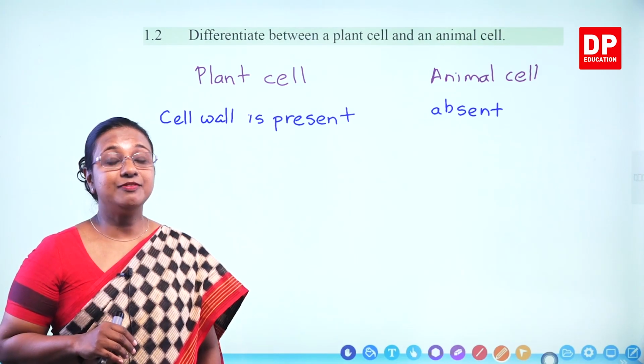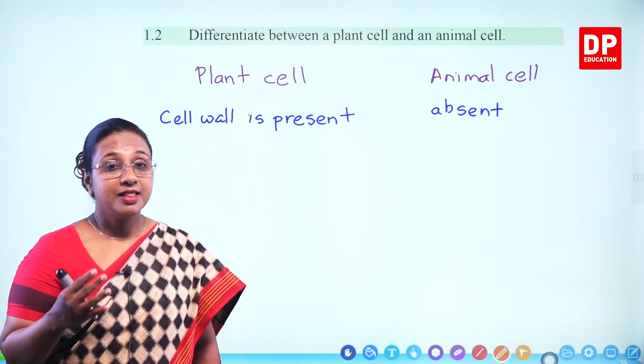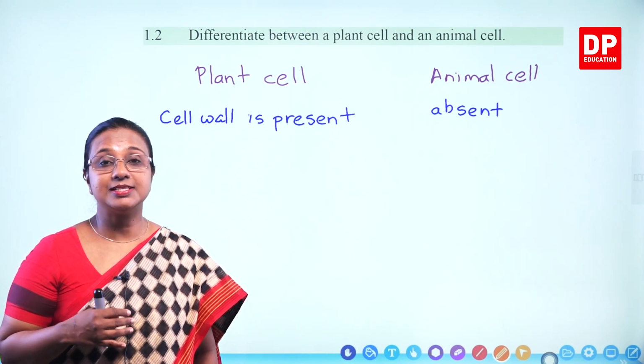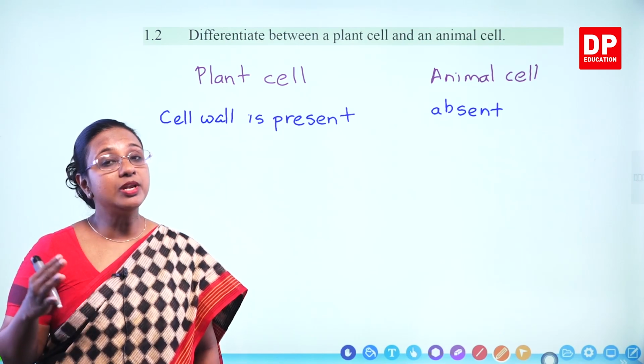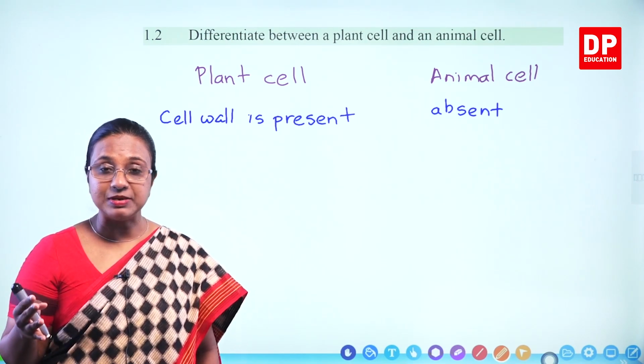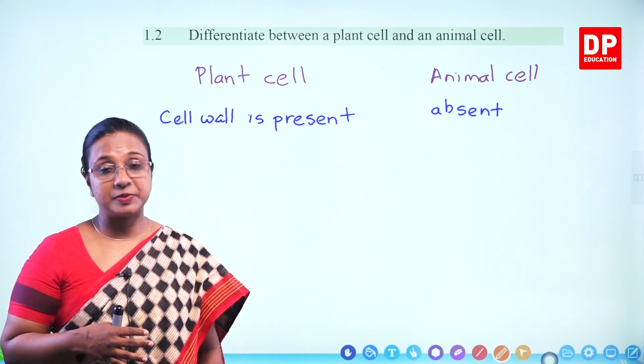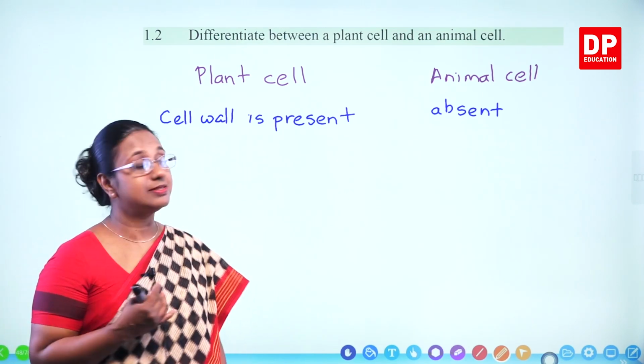What is the second difference? There is a large central vacuole in the plant cell and there is no large central vacuole in the animal cell, but there can be small vacuoles present in an animal cell.